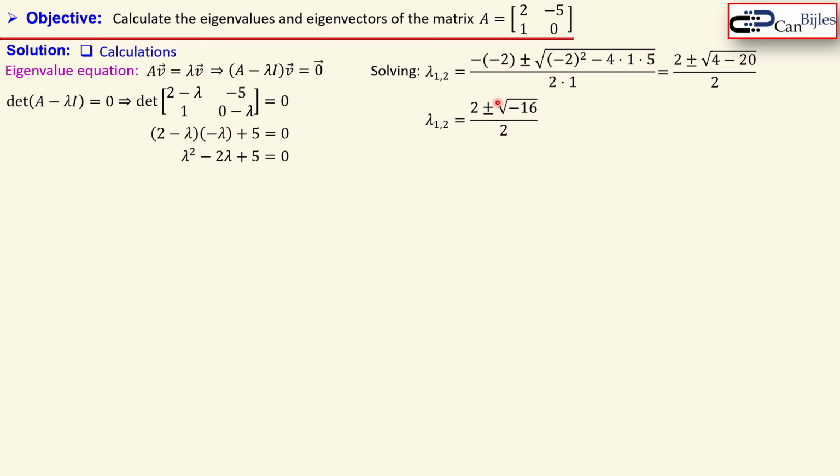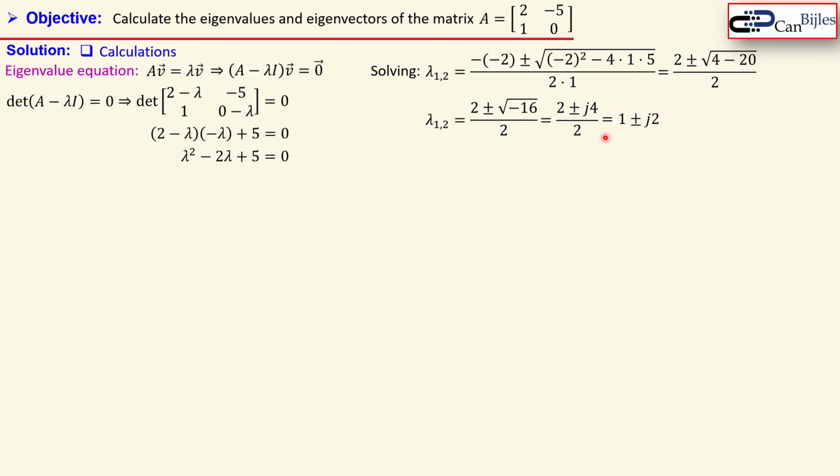So we say the square root of the minus 16 will be square root of 16 times the imaginary value. So square root of 16 is 4. So we have then j times the 4, which is equivalent to the square root of minus 16. We can further simplify this because we have here 2 and a 4 and also a 2 in the denominator, so we can then move on to 1 plus or minus j2.